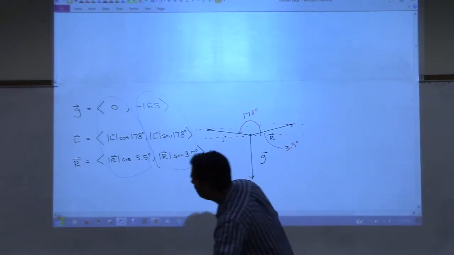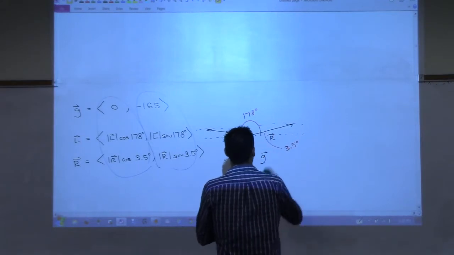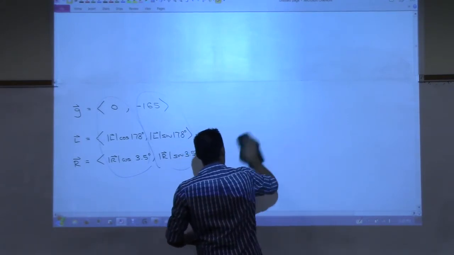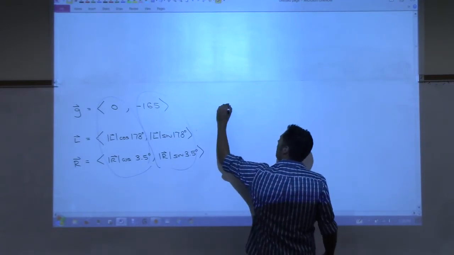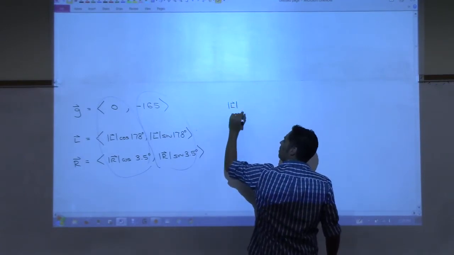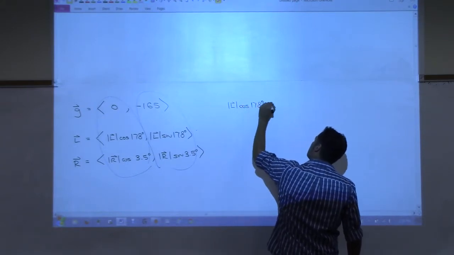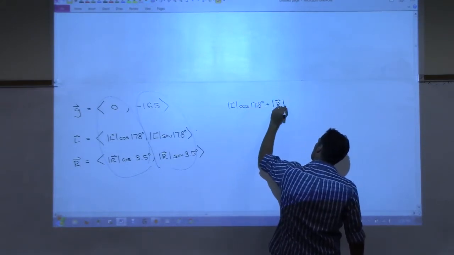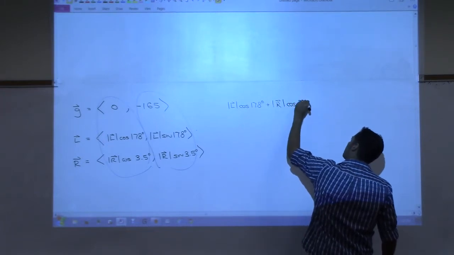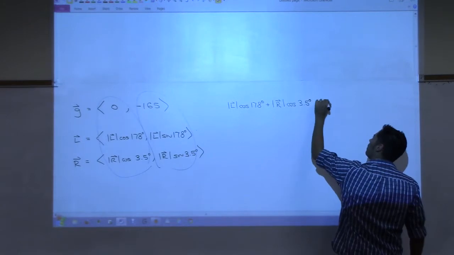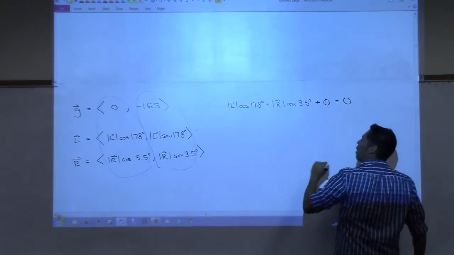Let's put them together. I have magnitude of L, cosine 178, plus magnitude of R, cosine of 3.5 degrees, plus 0, right, equals 0.